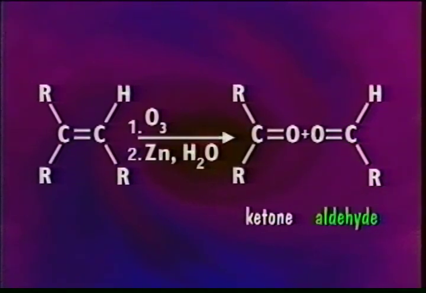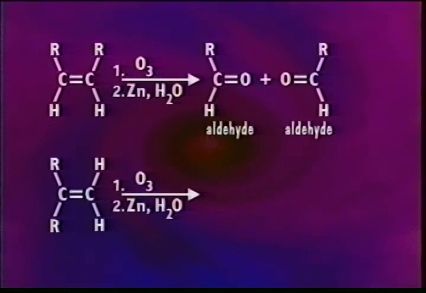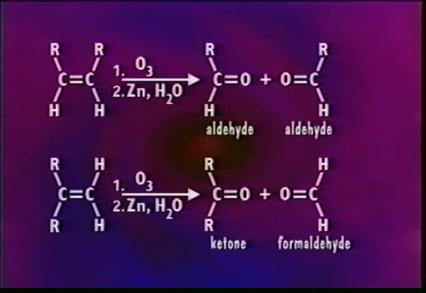That's an aldehyde. And the other product will have 2 substituents attached to the carbonyl carbon. That's a ketone, like we just saw. So, if our alkene reactant has 3 carbon substituents, then the 2 products of an ozonolysis reaction are 1 aldehyde and 1 ketone. If there were only 2 substituents on the main alkene, the 2 products might be 2 aldehydes, or 1 ketone and 1 formaldehyde.